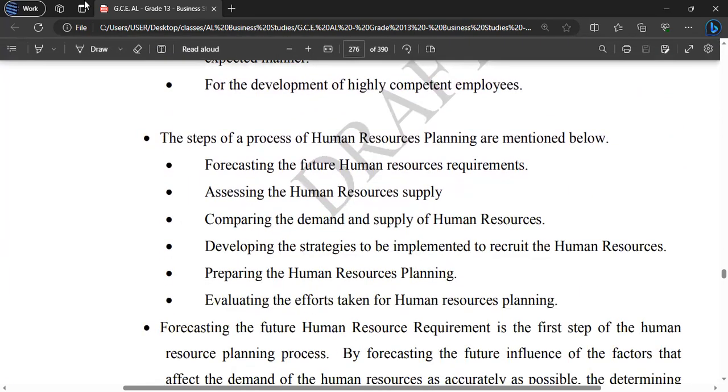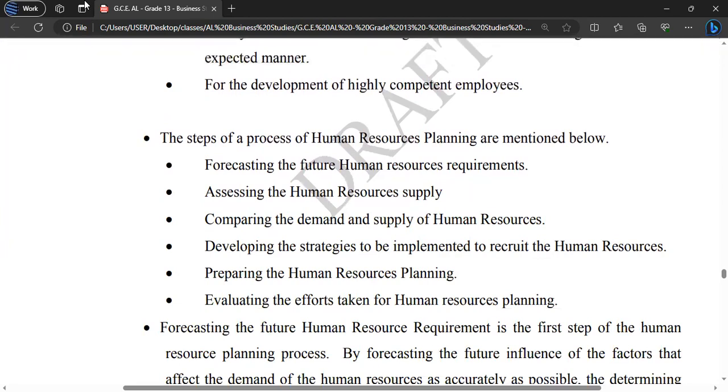So the steps of the process of human resource planning are mentioned below. It consists of steps, right? Let us see what those are. You need to forecast the future human resource requirements. So in the future, how many human resources do you need? Then you need to assess the human resource supply. Then you need to compare the demand and supply of human resources.